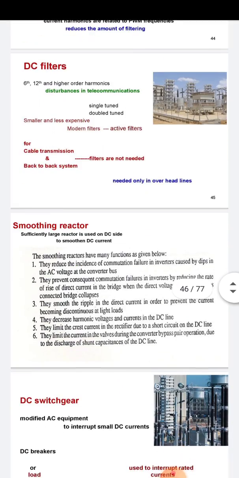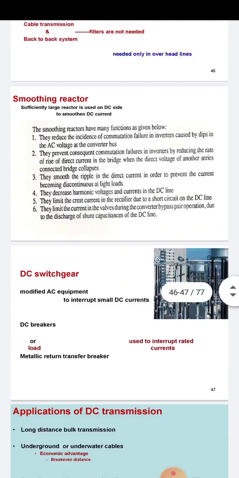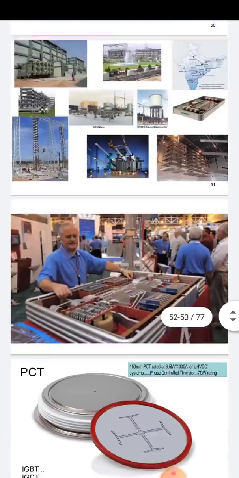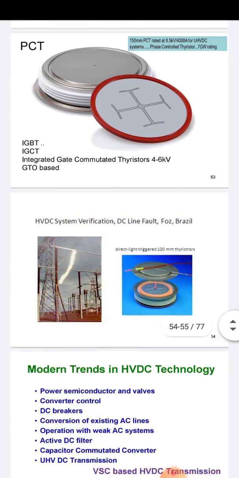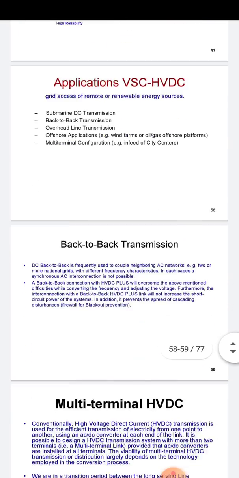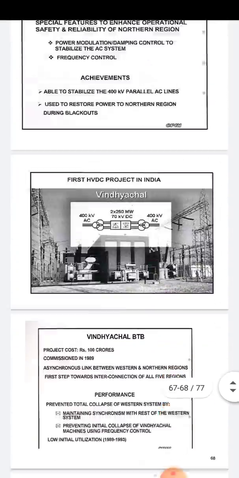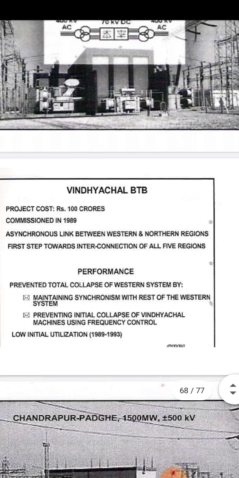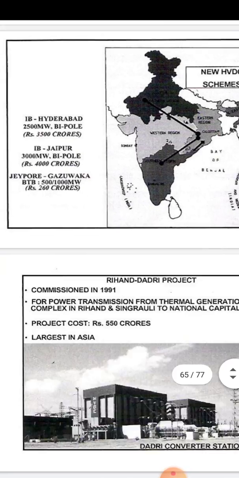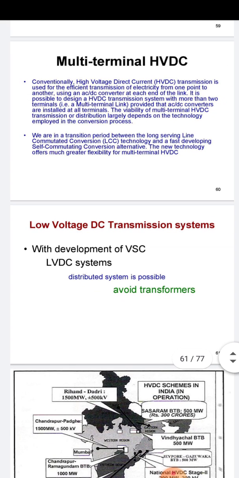Then planning, we have to look at the planning of HVDC transmission line. Modern trends in HVDC transmission line, multi-terminal planning. These systems are to be handled very carefully.